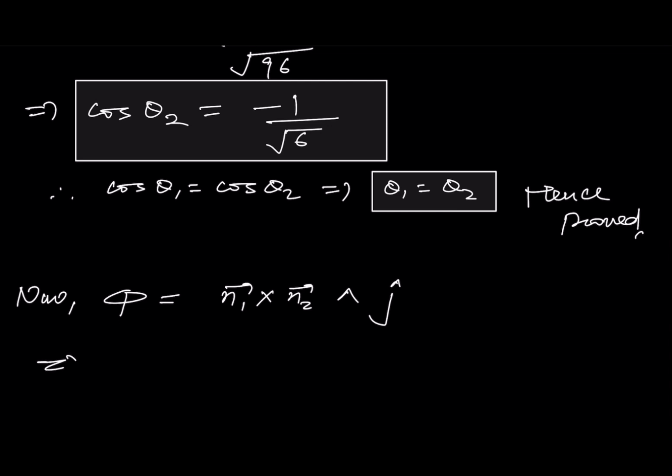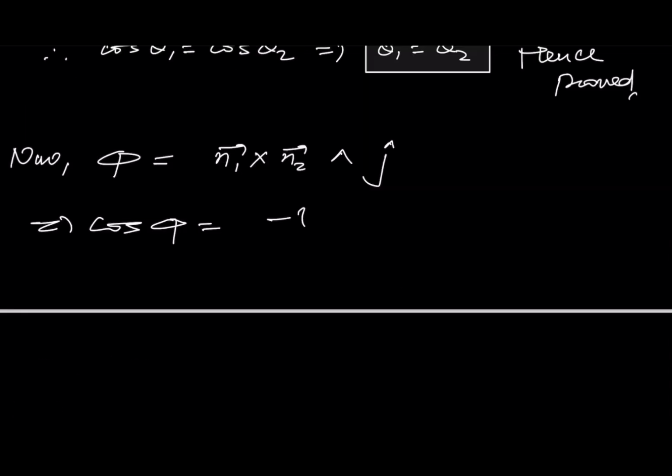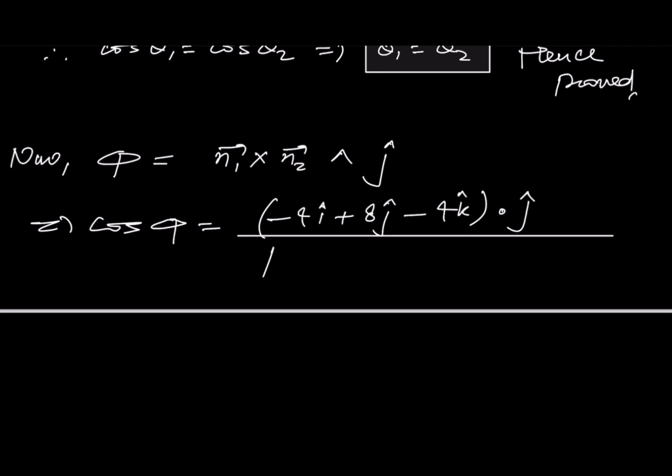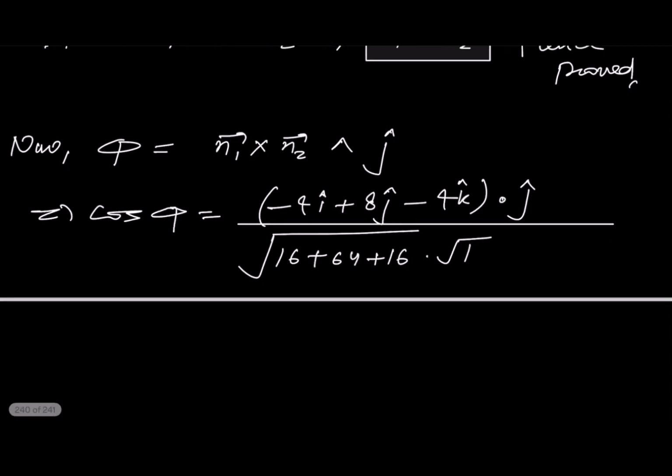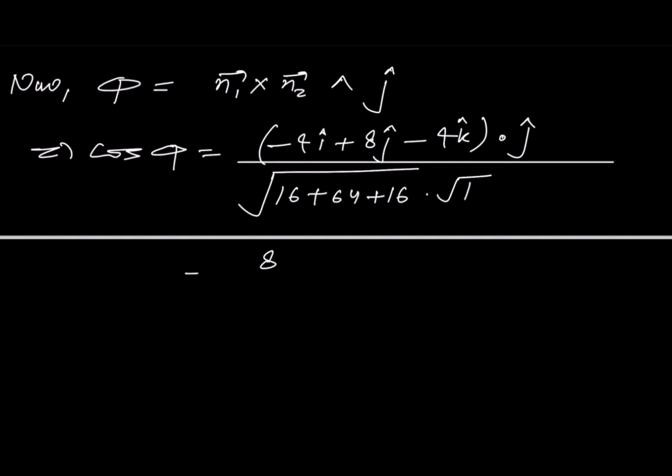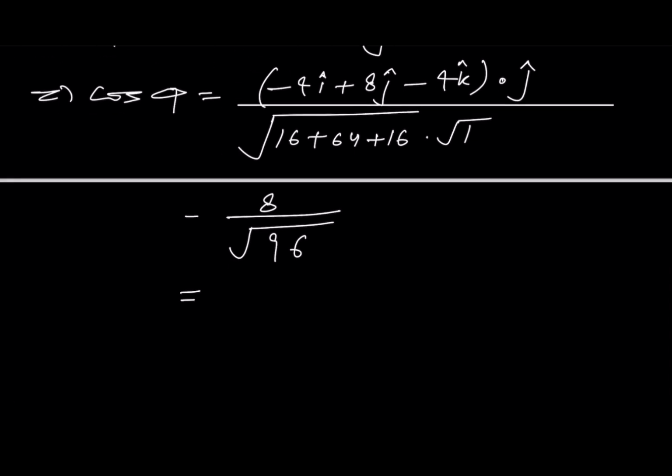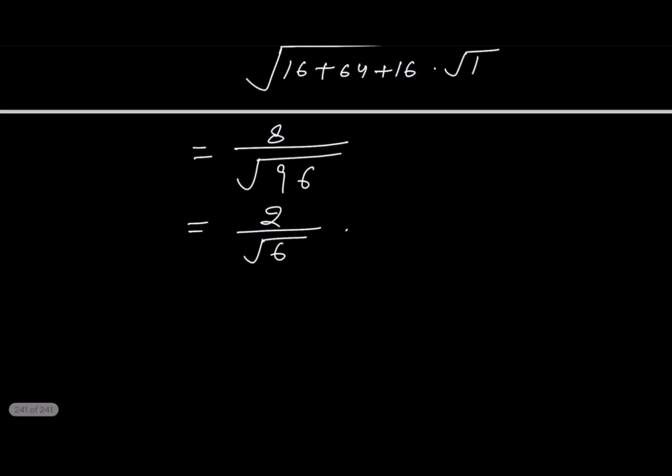So cos phi will be minus 4 i cap plus 8 j cap minus 4 k cap dot j cap upon root over 16 plus 64 plus 16 times root over 1, which is 8 upon root over 96, or 2 upon root 6, or root over 2 by 3.